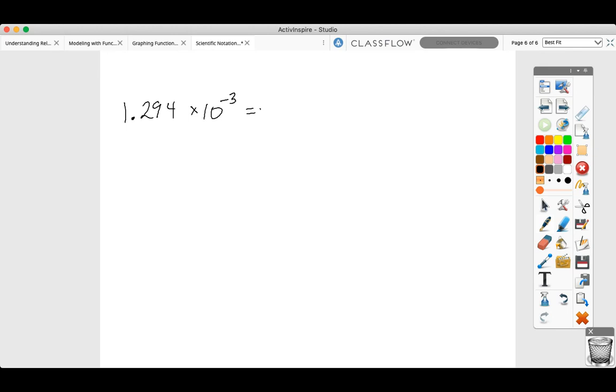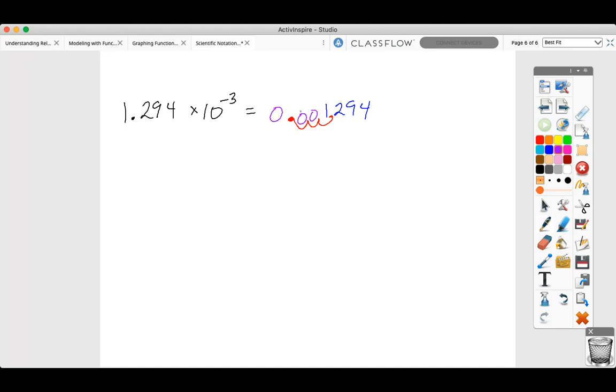All right, so you had a chance to try it. Now you're going to check your answer. So first thing we need to do is take this 1.294 and write the numbers. Now notice this is just negative 3, so we don't have to go that far. 1294. We're going to take that decimal point, move it 1, 2, 3 times to the left, and fill in with zeros. 1, 2.